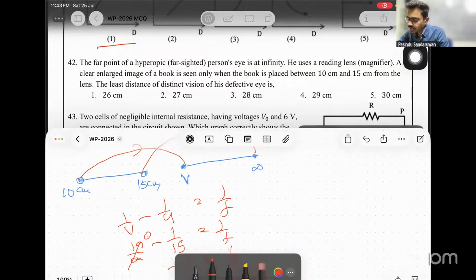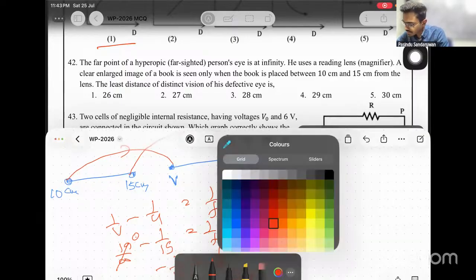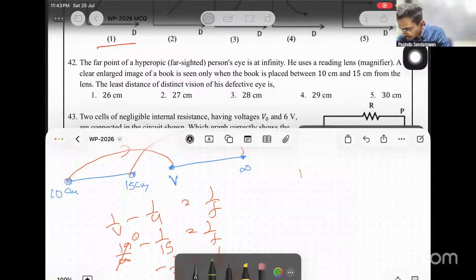Then for the near point, apply the same: 1/v minus 1/u equals 1/f.